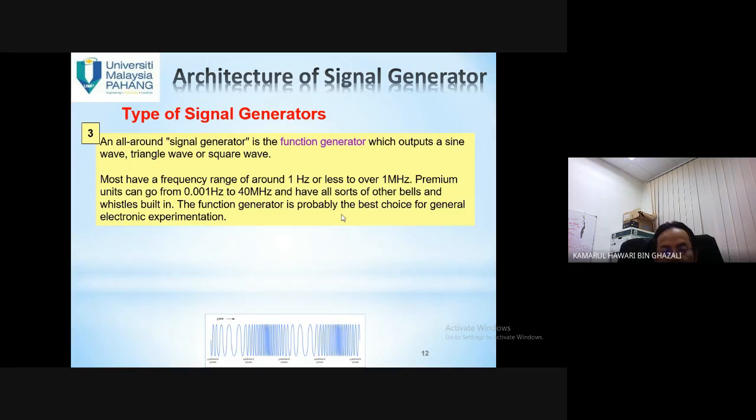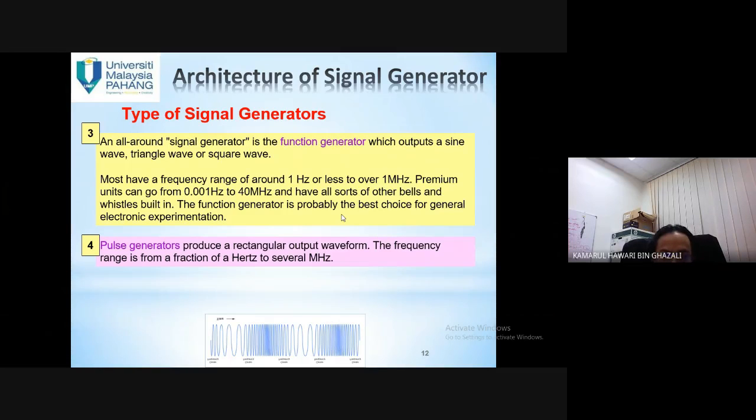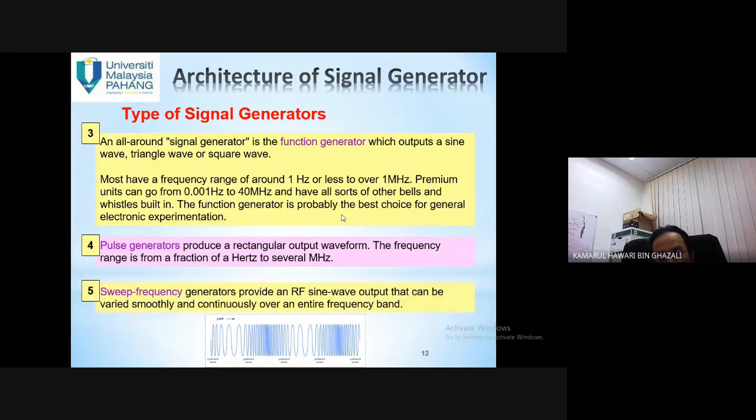Most have a frequency range from around 1 Hz or less to over 1 megahertz. A pulse generator produces a rectangular output waveform. Its frequency range is from a fraction of a hertz to several megahertz. Swept frequency generators provide an RF sine wave output that can be varied smoothly and continuously over an entire frequency band.